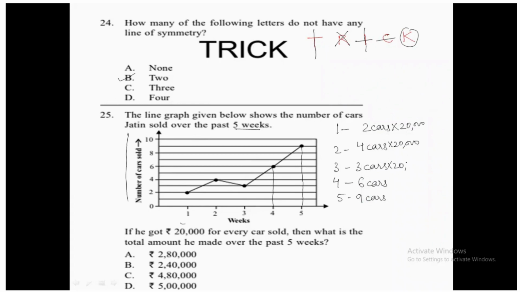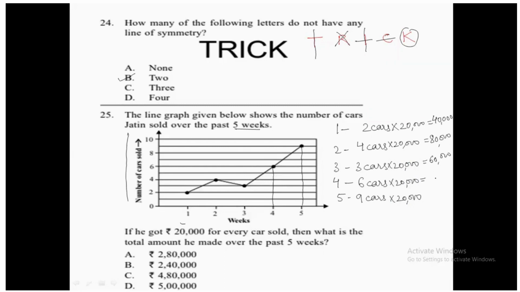Let's see what we are getting. Here we are getting 40,000. Here we are getting 80,000. Here, 3 twos are 60,000.